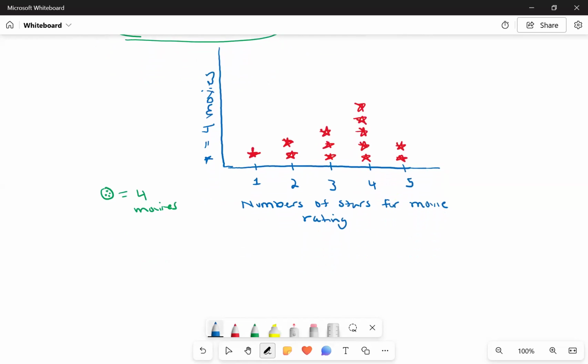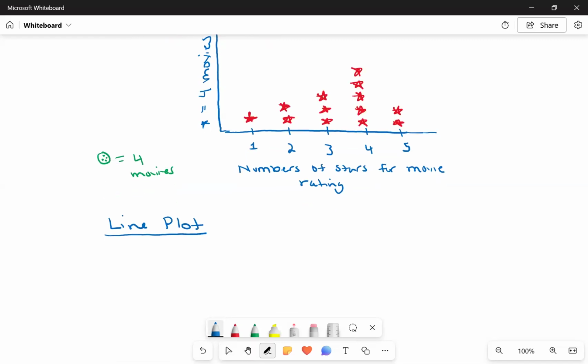Then there is something a little bit more basic than pictograms. Same basic idea, the line plot, but instead of actually using a picture, it uses an X. All right, sorry. Let me start with my first statement.